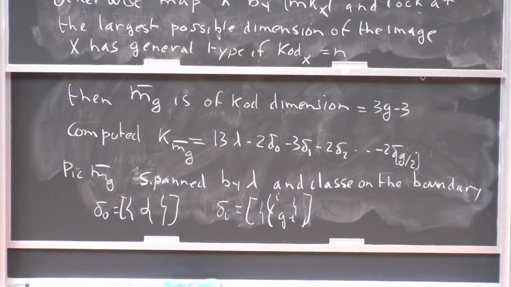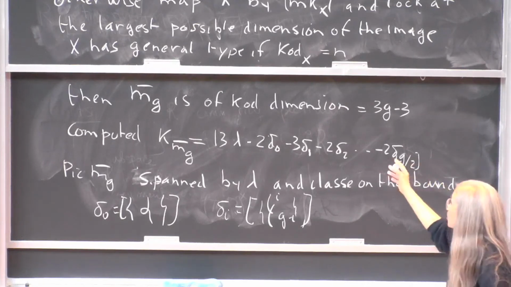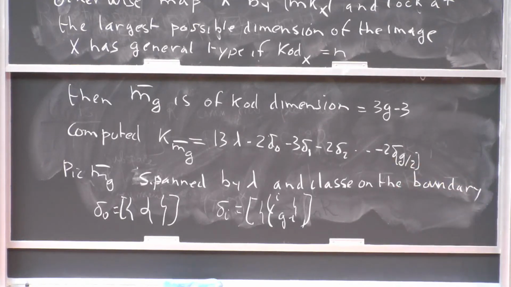Then one has to figure out what's the ample cone, and that was known as well. And the trick now is to try to write a multiple of the canonical and show that this is ample. And you can reduce the problem to trying to find a divisor in M_g which has the suitable expression in terms of lambda, delta 0, delta 1, and so on.